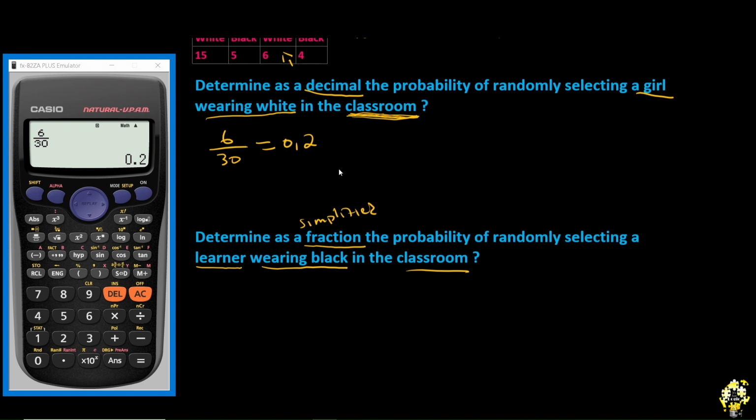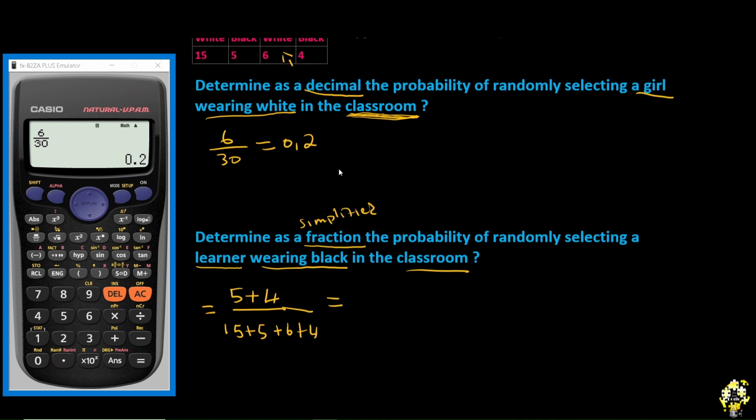So now we have boys, so let's say equal to. We have boys who are wearing black, that are 5, plus we have girls that are wearing black, who are 4, over the total number. So it's 15 plus 5 plus 6 plus 4.